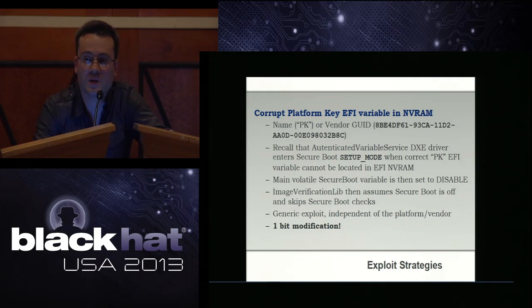That could be done by just corrupting the name of the PK variable or the GUID of the PK variable. In that case, the functionality responsible for signature checks will not find the platform key, will enter setup mode, secure boot will be disabled, and it will skip all the checks. And this is a pretty generic exploit. It's independent of the platform or the vendor or anything, and it's a 1-bit modification in the flash.